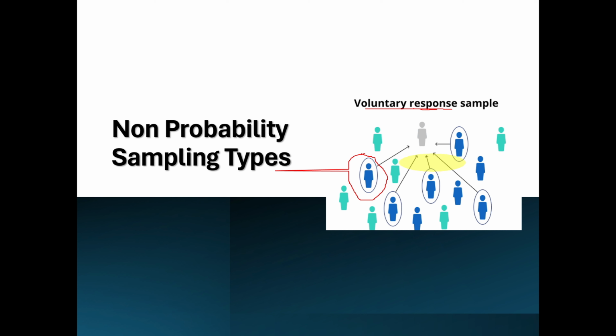The main person is the one doing that survey, and people will come to the main person to say they want to join. So it's a voluntary response sample where you don't select the people, but people come forward to be selected. They can be from any age group, as per your requirement, but they can be any people. You don't select them.